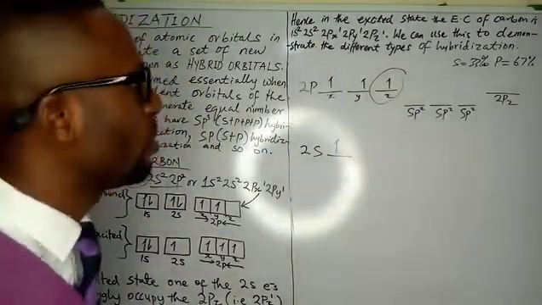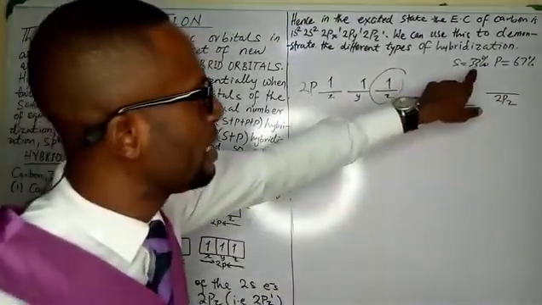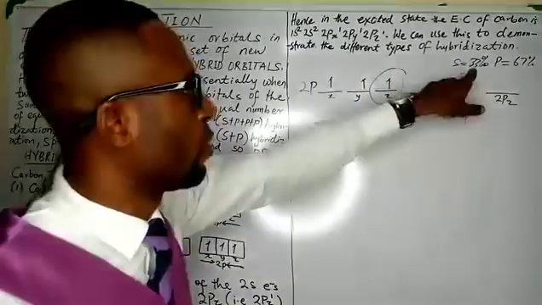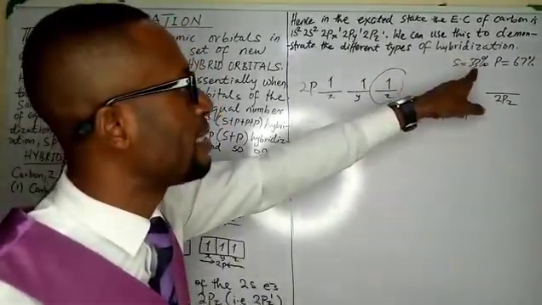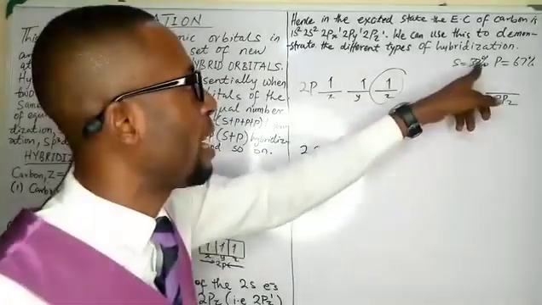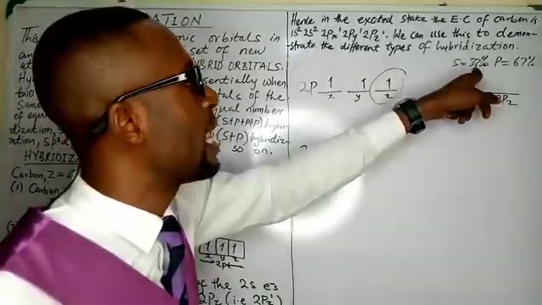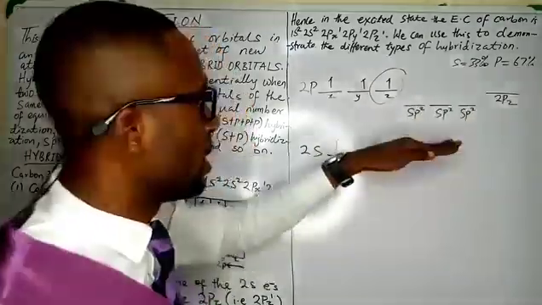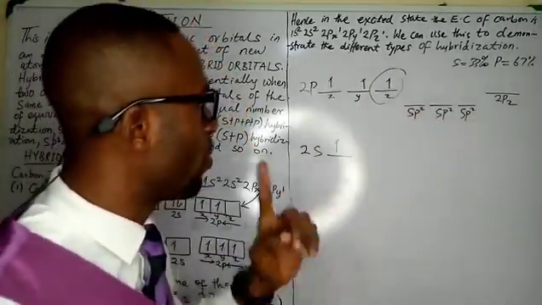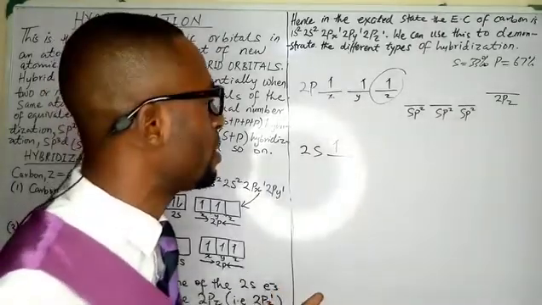In terms of percentage, because this is 2 against 1, this particular hybrid orbital has 33% s character and more of the p character. Remember, the number of orbitals is conserved.